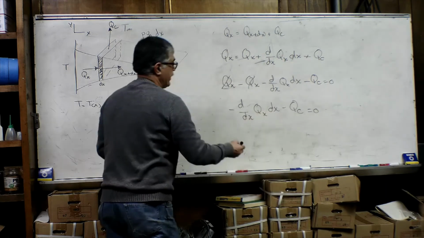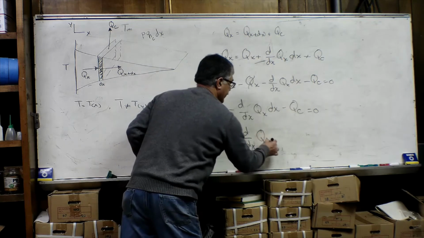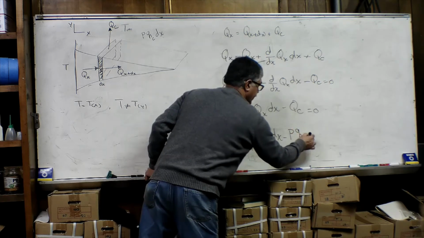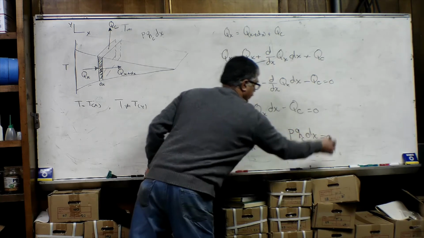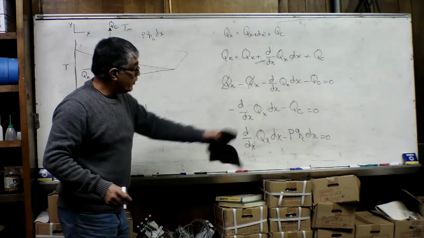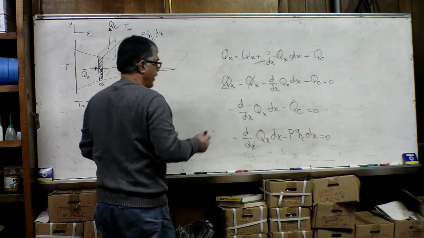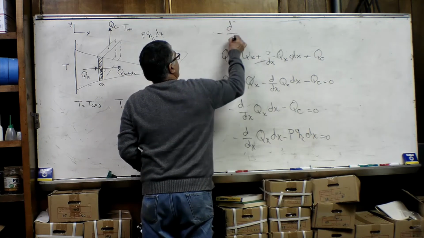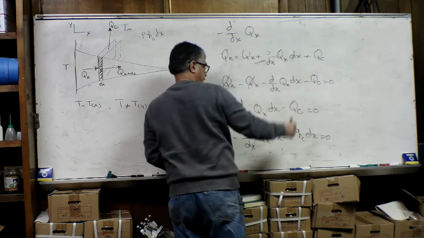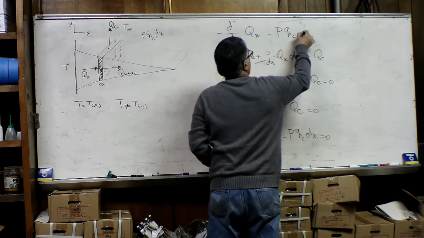So here we can write this as minus d over dx Qx dx minus P Qc dx equal to 0. Now we can divide this equation by dx. We are going to have minus d over dx Qx minus P Qc equal to 0.